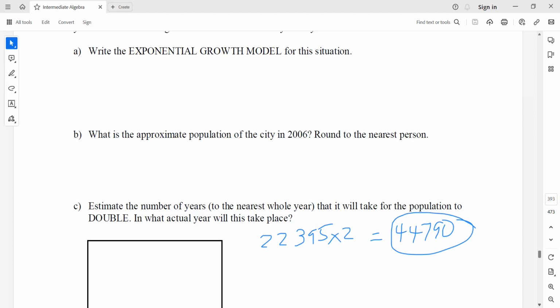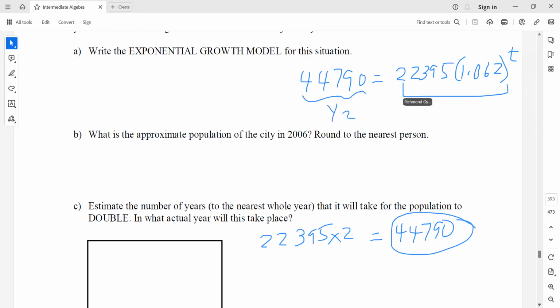So we were trying to find what year the population will double. So what we are going to do is pick 44,790 as our y, equal to the function, y2, y1.